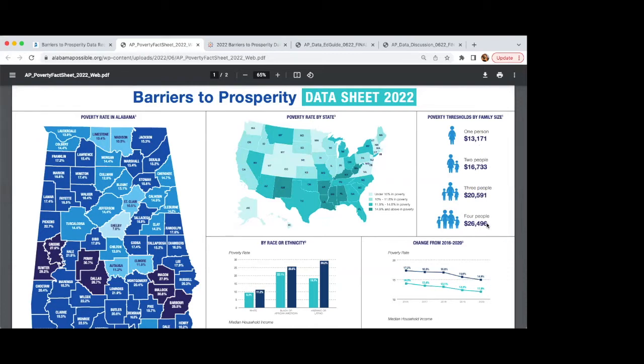Compared to a family of 4, the federal poverty threshold is $26,496. And we say this frequently, but obviously these thresholds don't really give us an accurate depiction of what it takes to support a family of that size. But what the federal thresholds allow us to do is make comparisons across states.